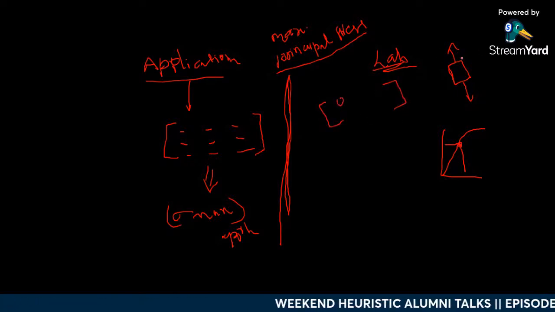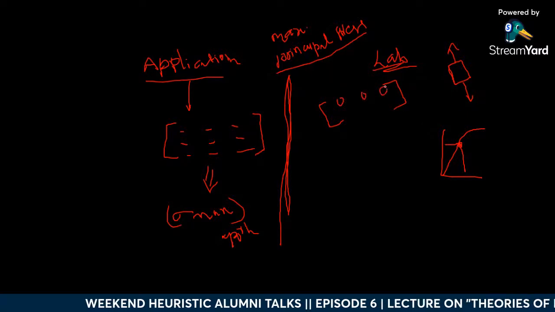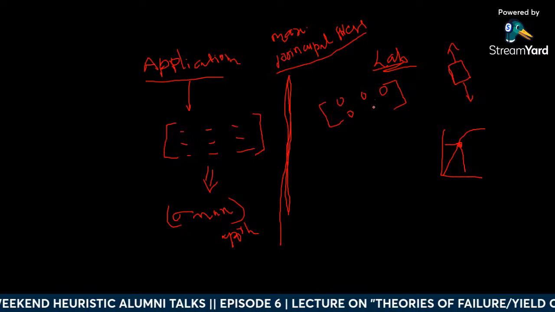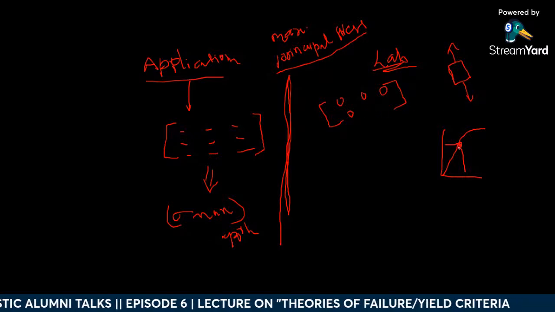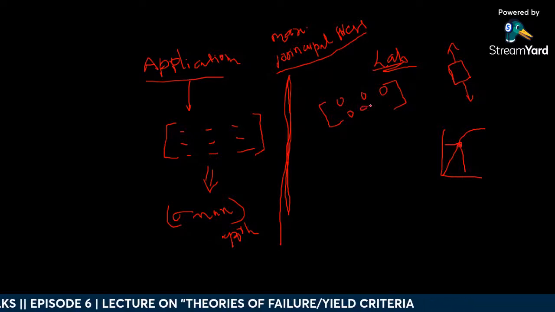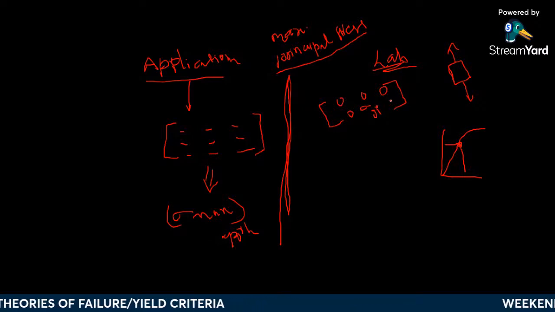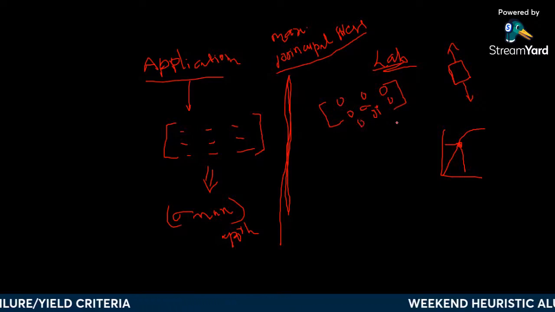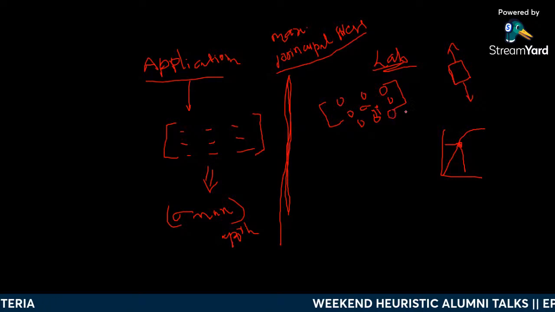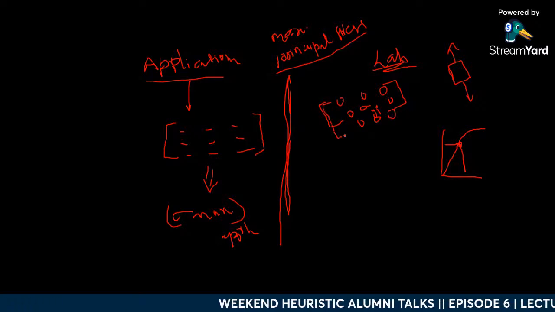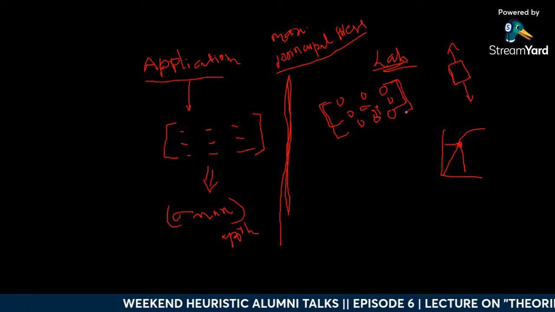Is there any shear component here? I am not applying any shear, right? So all those values will be 0. And in the y direction, at the failure point, the stress will reach the yield point, yield stress, sigma yield. And other components will be 0, 0, 0, right? So this is the stress situation at the failure point.